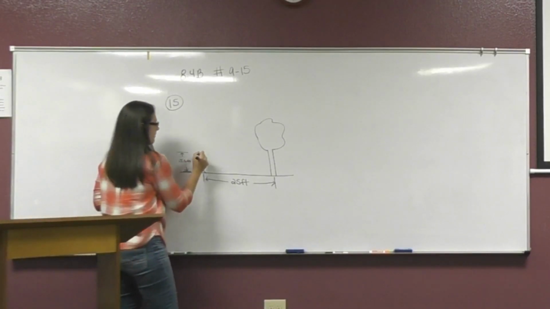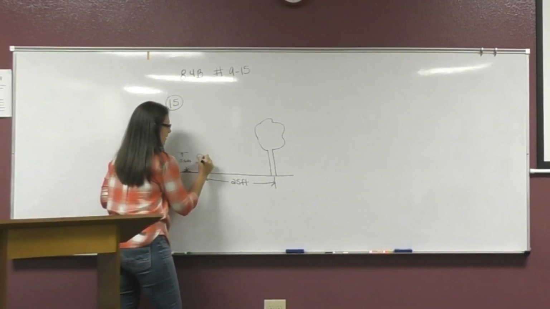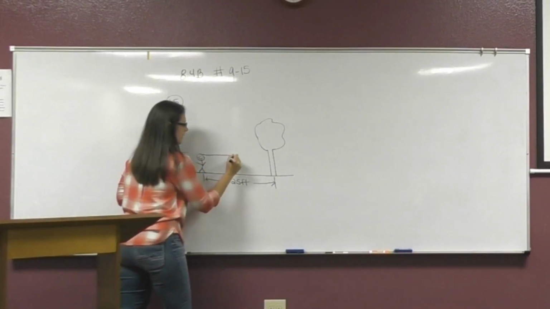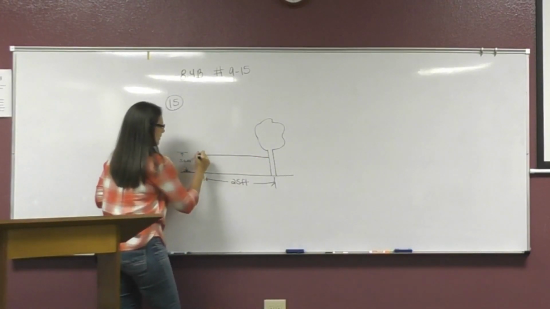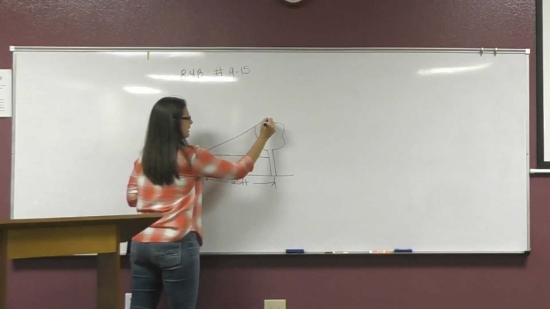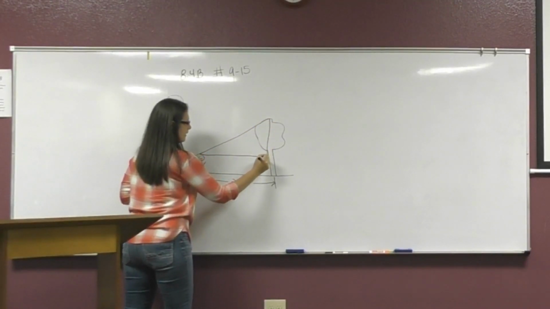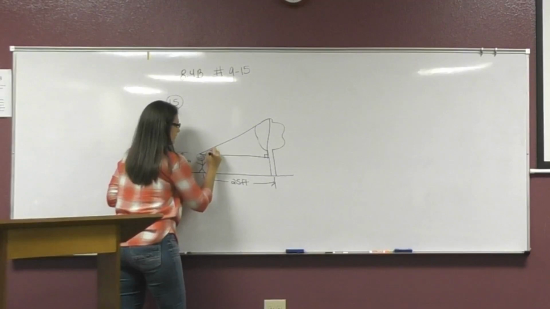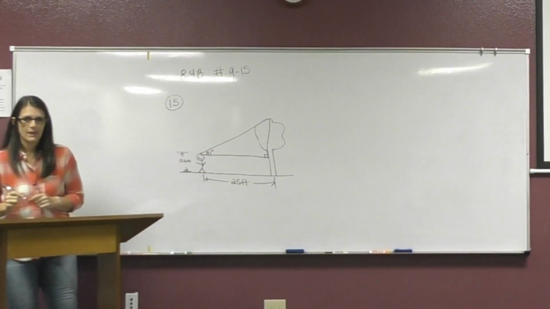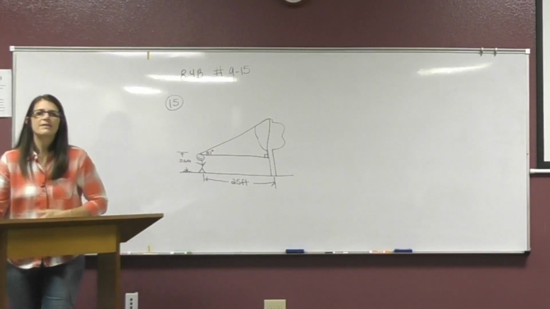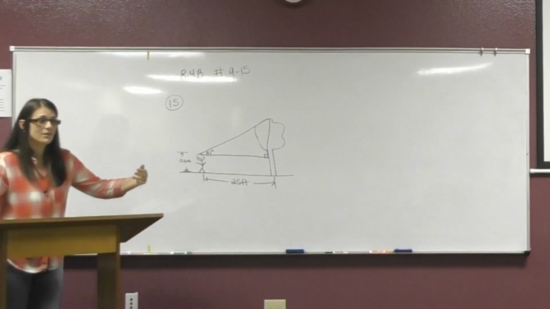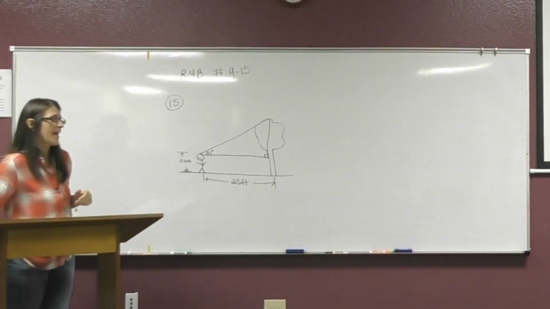So that means from him to the top of the tree is 51 degrees. Okay? It told us it was from a standing position, so that's at the top of that 5.5 feet.